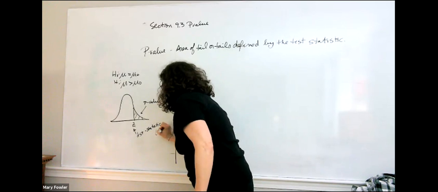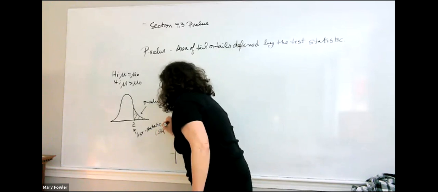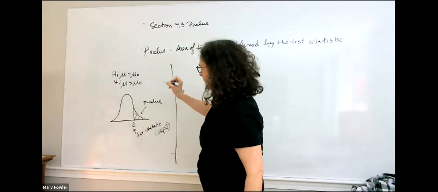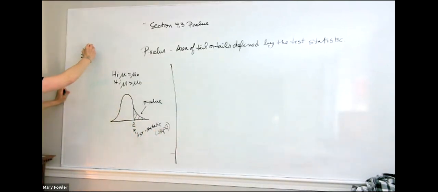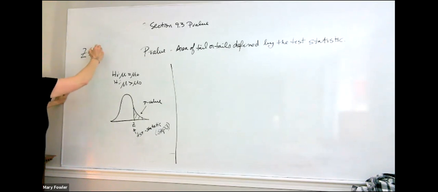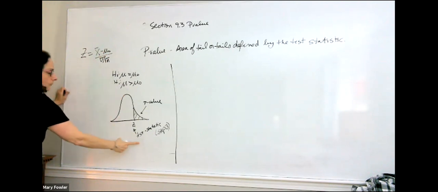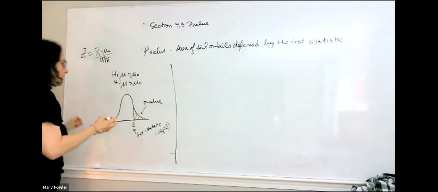but this is from step 3, right? That test statistic, which has the formula. That's what the test statistic is from step 3, okay?